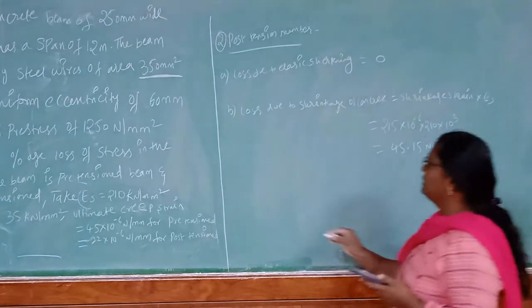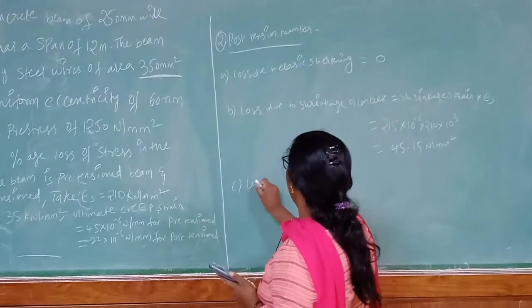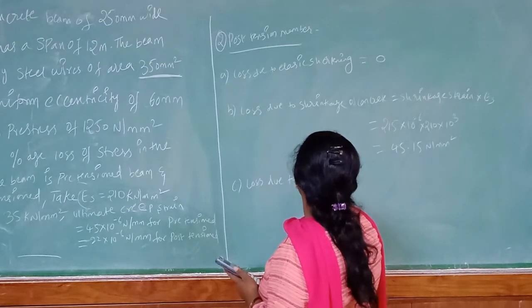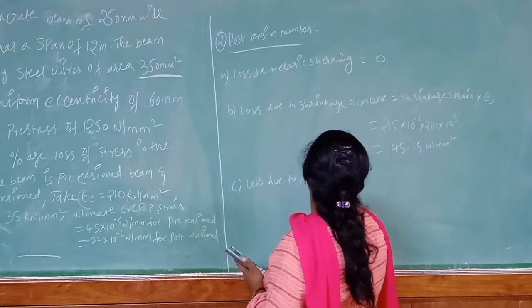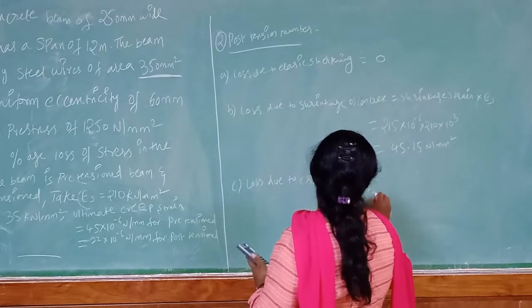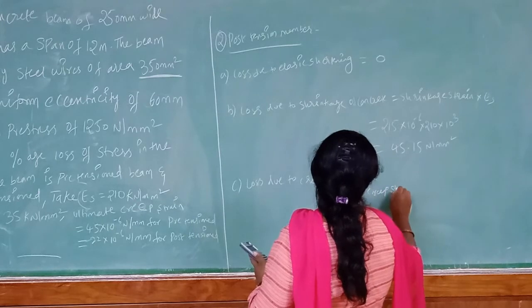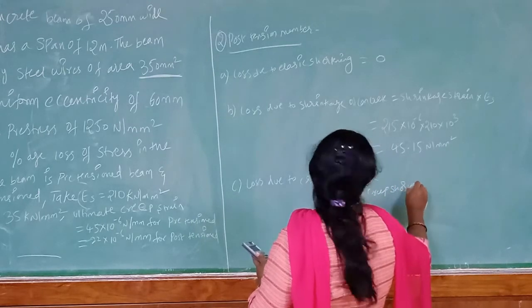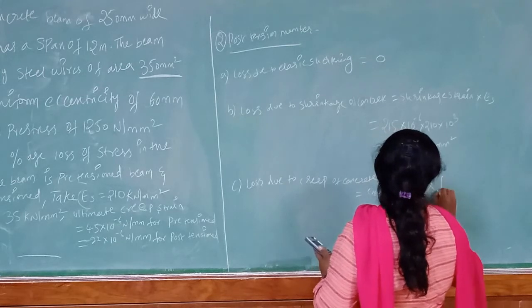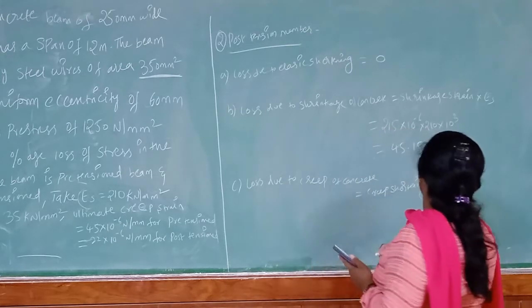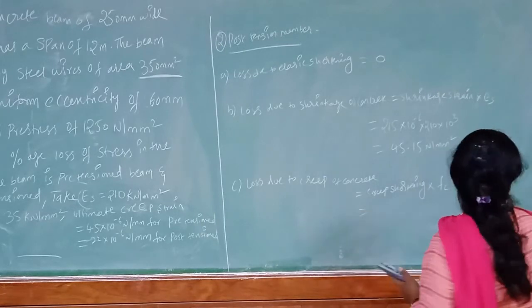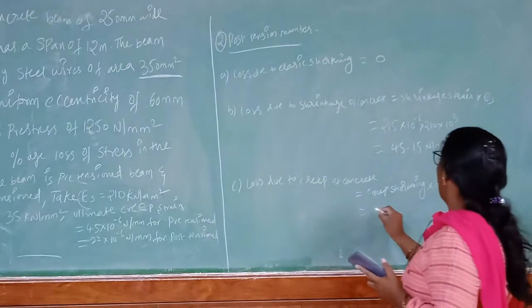So next one, loss due to creep of concrete. So right, creep shortening. What is the creep shortening? How much have they given?